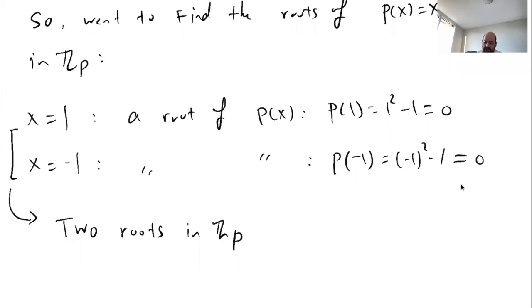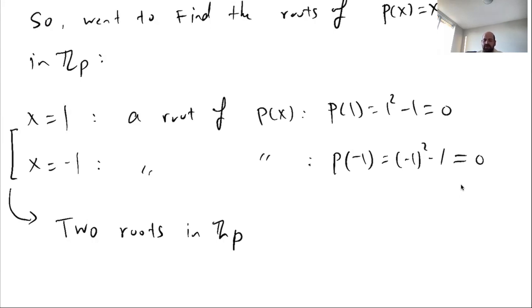Because everything in ZP is mod p, -1 is the same as p -1. When you talk about congruence mod p or equality in ZP, it means every calculation is done mod p. Therefore, when you talk about -1, that's the same as talking about p -1.